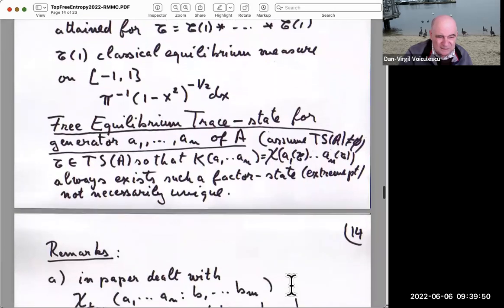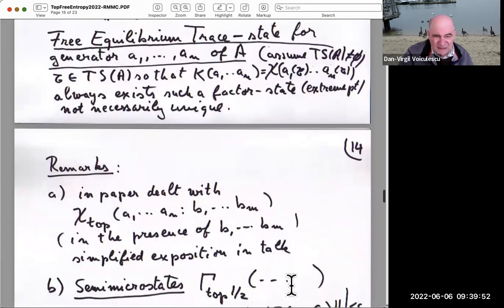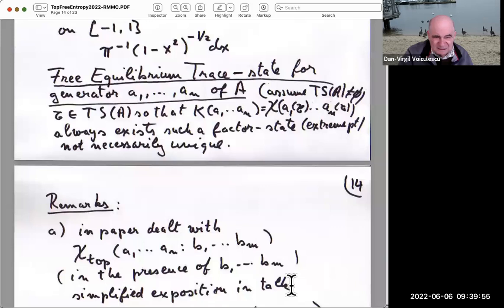I should make another remark: if you look in my little paper, the notion used there has a slightly more technical additional complication. It is the topological free entropy of A1, ..., An in the presence of B1, ..., Bm.